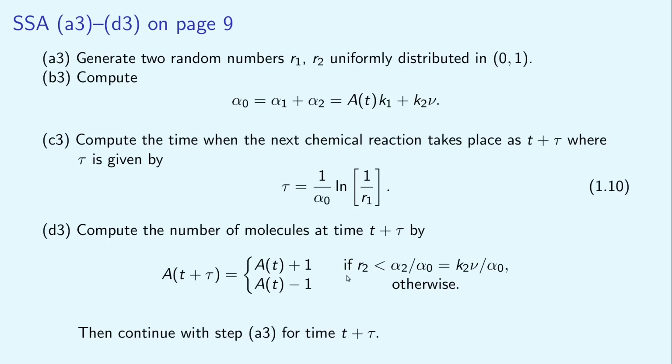If R2 is less than the probability of the production, then the production reaction occurs at time t plus tau, and we add one molecule of A to the system. Otherwise, it was the degradation reaction which occurs at time t plus tau, and we remove one molecule from the system. By repeating the 4 steps of the SSA A3D3, we simulate every reaction event. This SSA is a special case of the Gillespie algorithm, which we will discuss in full generality in lecture 3.